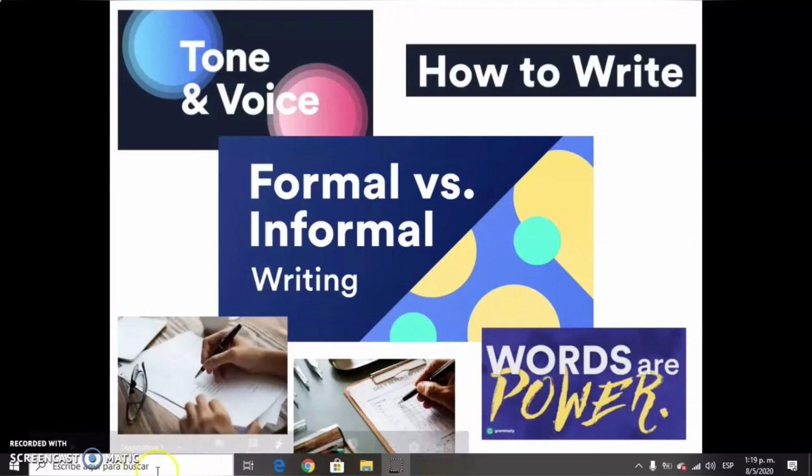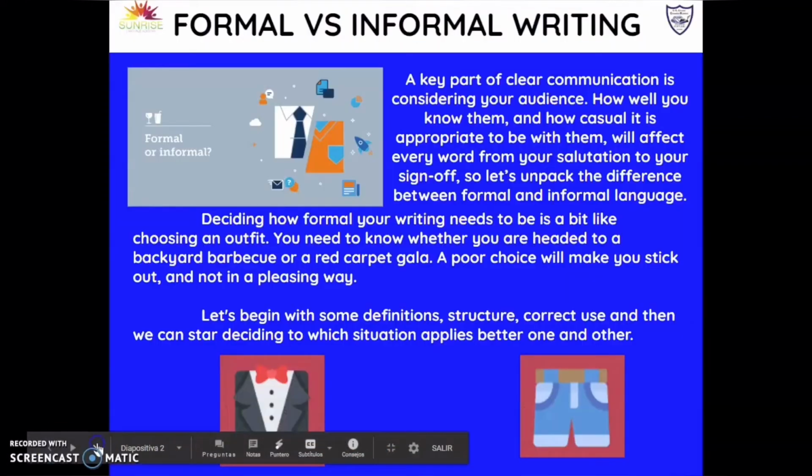So we're going to talk about formal and informal writing. Let's start by establishing that a key part of clear communication is considering your audience: how well you know them, how casual it is, how everybody will be affected by a specific type of salutation, or how you sign off after your speech or even your writing.